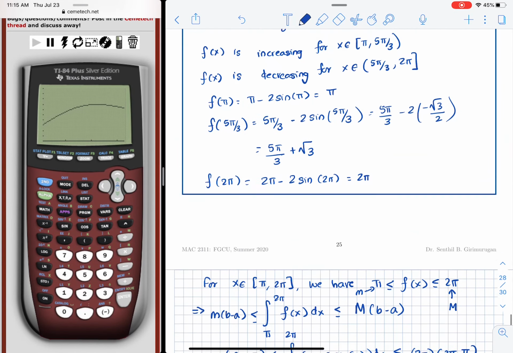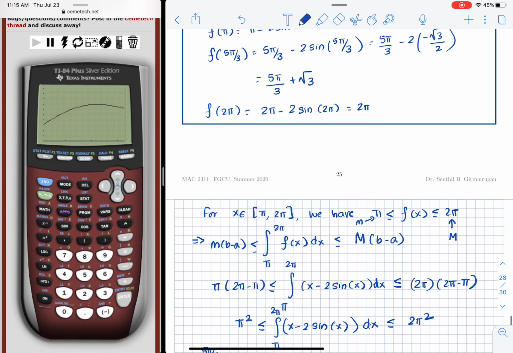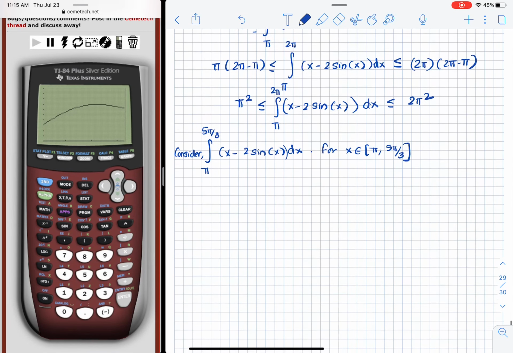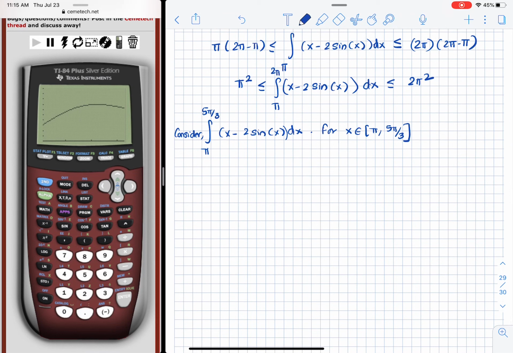So f of pi would be pi, and f of pi over 3 is 5 pi over 3 plus root 3. So for x in that interval, we have f of x satisfying that condition.